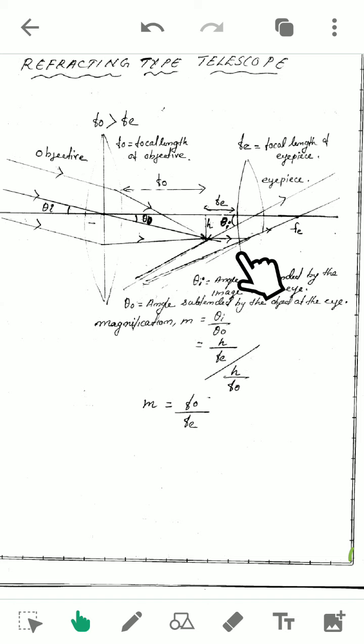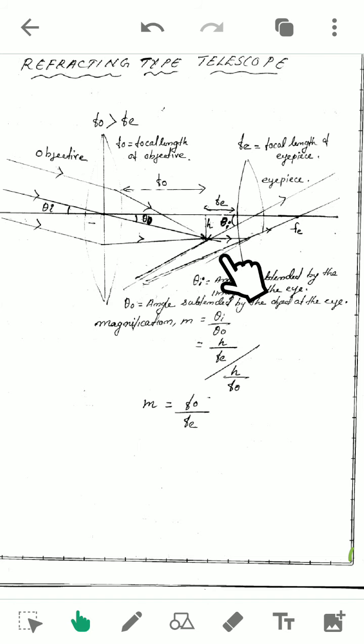Theta I is h upon Fe, and theta O is h upon Fo, so the magnification of the telescope is Fo by Fe. Now see the length of the tube. The length of the tube, capital L, is equal to Fo plus Fe.